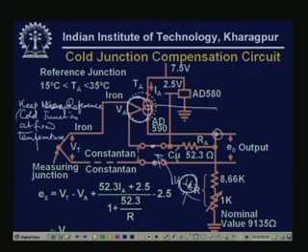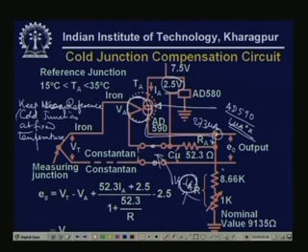We have put a sensor called the AD590 sensor. It has a sensitivity of 1 microampere per degree Kelvin, so it delivers a current of 1 microampere per degree Kelvin. And this is 2.5 volt. So at 0 degrees centigrade it is going to put 273 microampere.